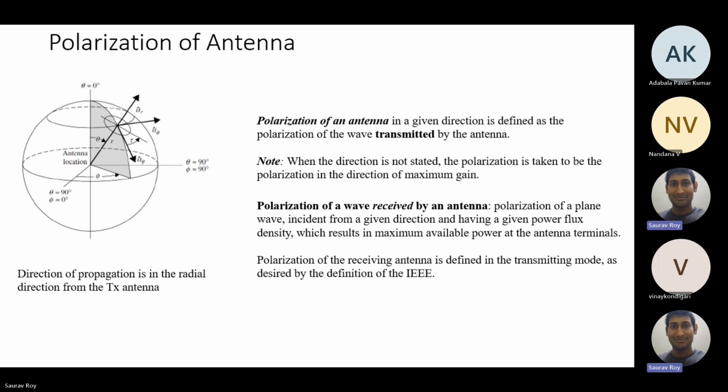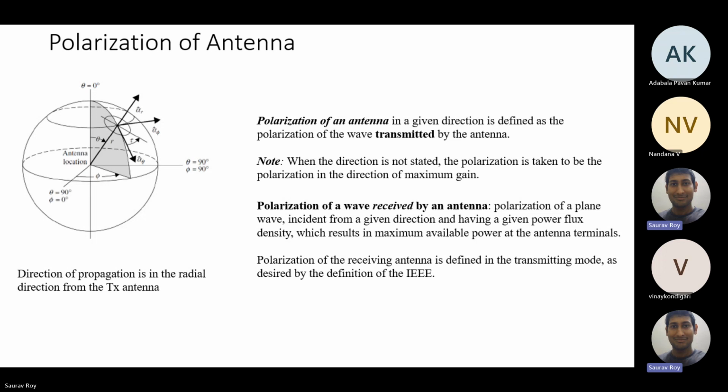It is defined as the polarization of the wave transmitted by the antenna. As you have seen before, polarization was defined for a particular wave which was transmitting in some direction. But how do you connect it with the antenna? Now IEEE says it has to be defined as the polarization of the wave transmitted by the antenna.